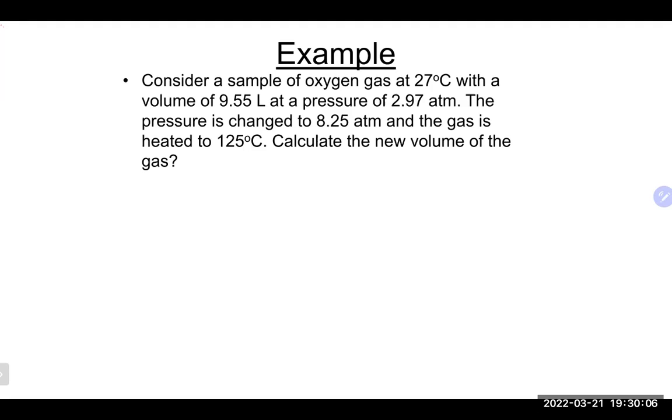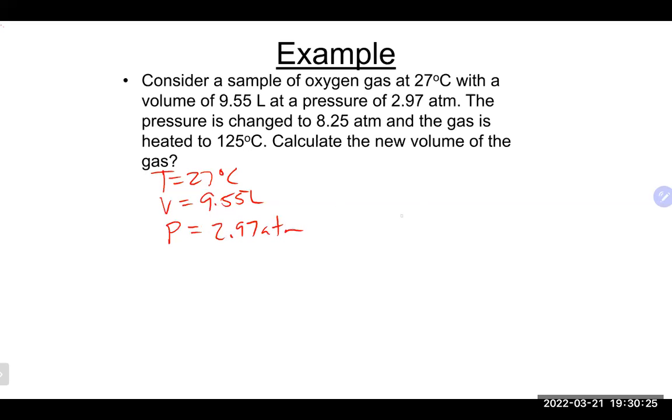Let's take a look. So again, pulling out the information, we got a temperature here that is 27 degrees Celsius. That goes with a volume that is 9.55 liters and a pressure that is 2.97 atmospheres.